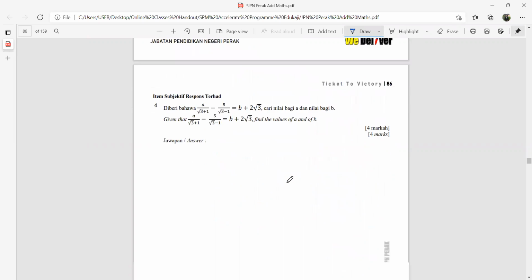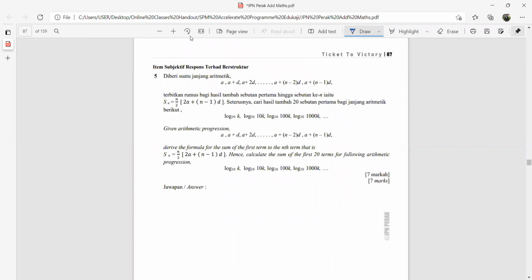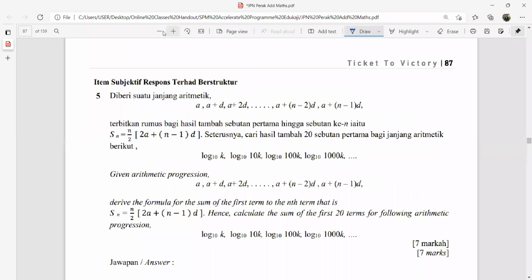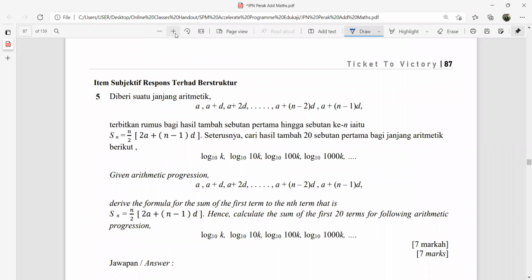Can do next question. AP GP. This is also a good question to try. Okay, can you please do it now?